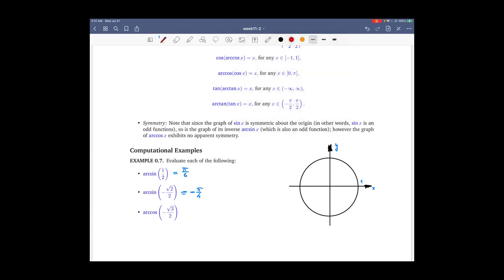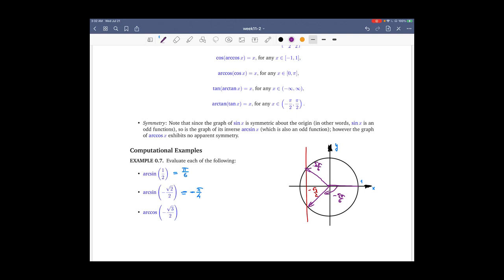Where is negative root 3 over 2 as the x-coordinate? It's somewhere here. And of course, there are multiple angles that have cosine equal to that. One of them is, for instance, 5 pi over 6. Another will be negative 5 pi over 6.